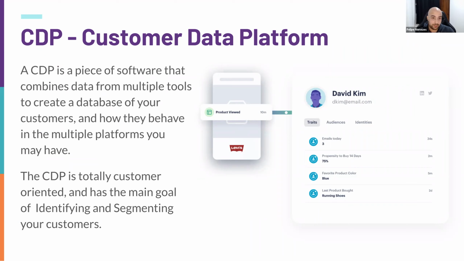Basically, a customer data platform is a piece of software that will help you create a gigantic database with big data of your users' behavior. And not only just build this database, it will help you integrate everything that looks at the user's behavior.